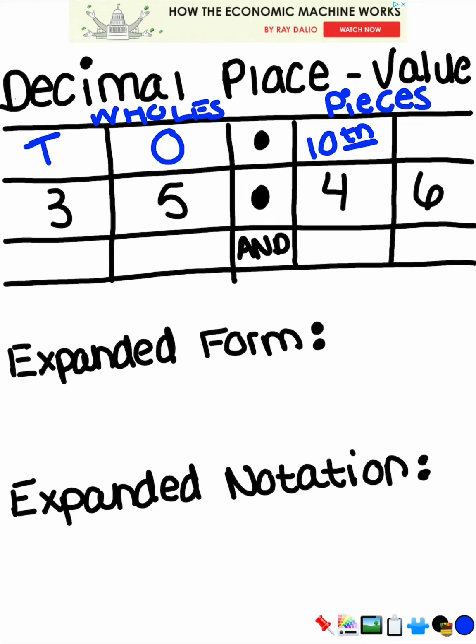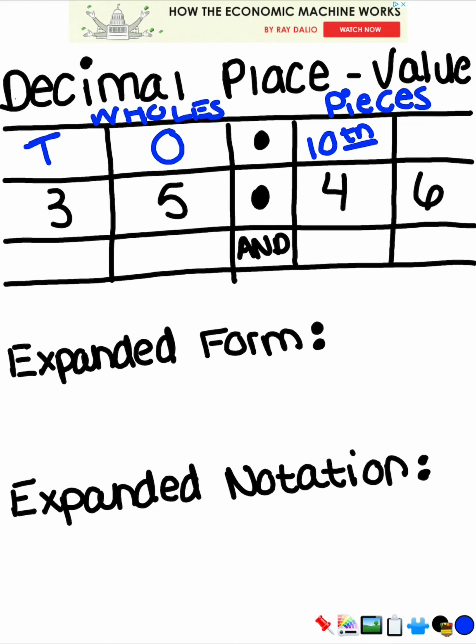Okay, now that we've filled in our place value chart with the place value places, let's talk about how we represent each one of these place value places. So how would I represent the tens place? Well, easy, just with 10. How would I represent the ones? With a 1.